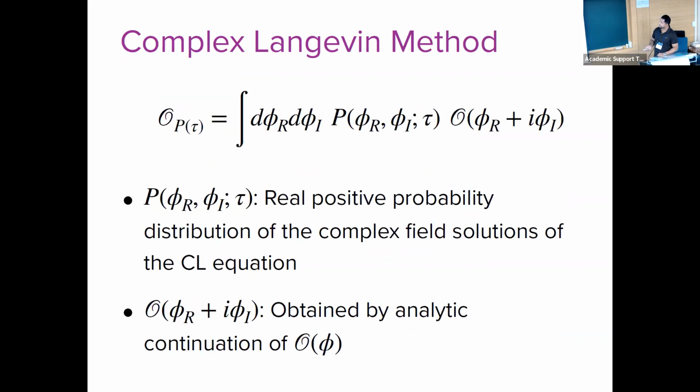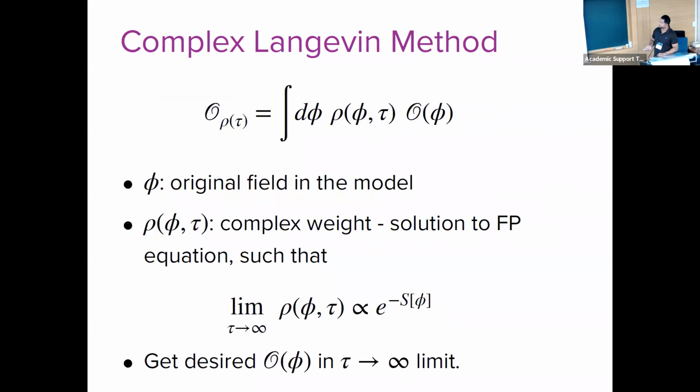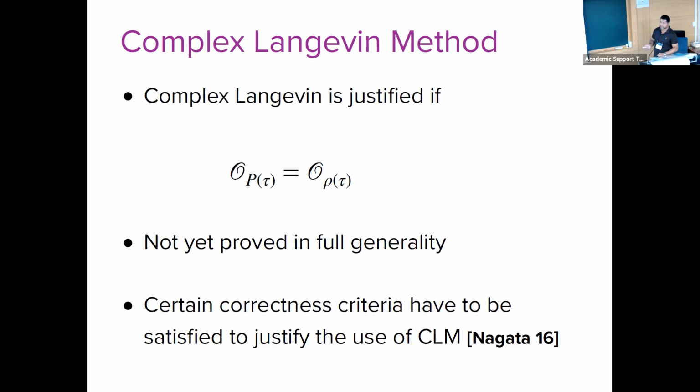So here you define it in this way, and basically we assume that this is justified. So we are assuming that this is justified, and we are computing this.